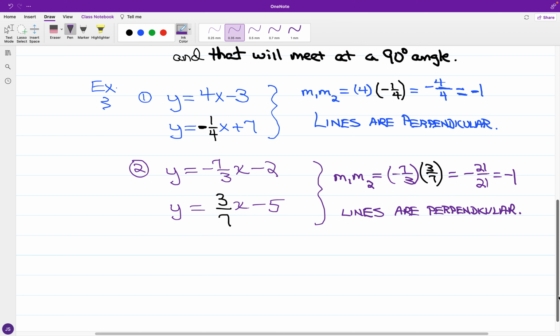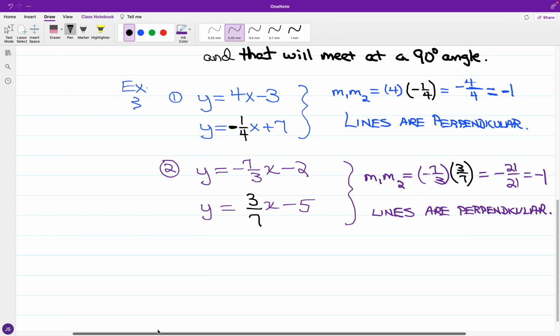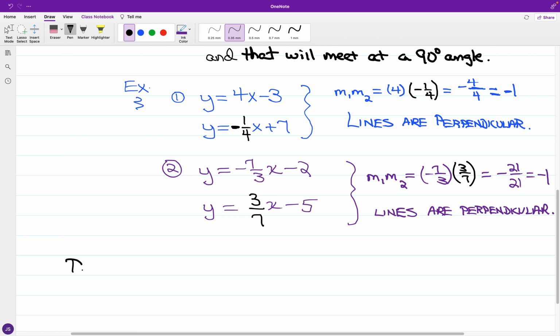All right. Now, for working with parallel and perpendicular lines, for this particular portion we're looking at determining equations of parallel and perpendicular lines.